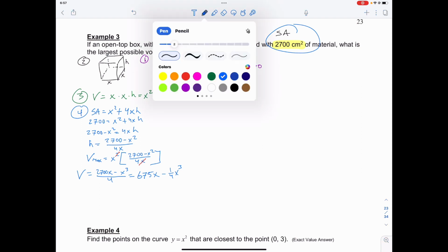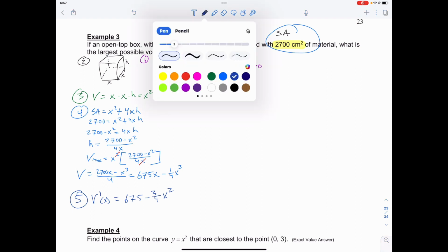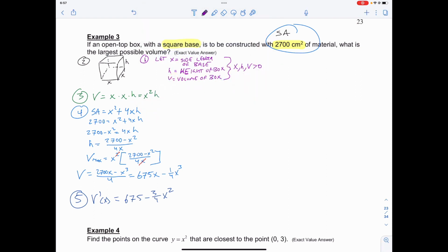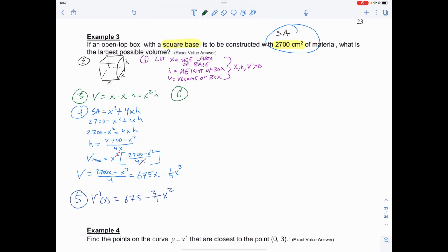When I get to step 5, I have to derive. So v prime of x is just going to equal 675 minus 3 over 4 x squared. When I get to step 6, I'm going to do the critical numbers.